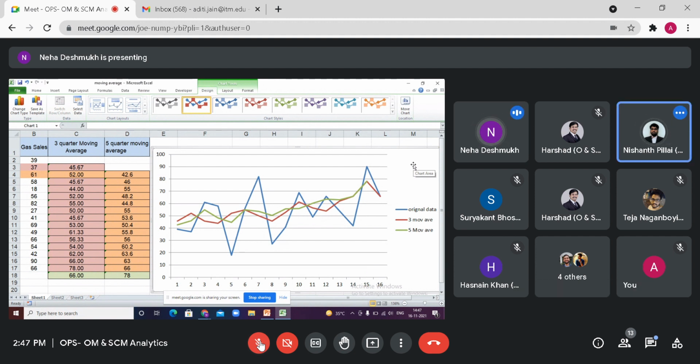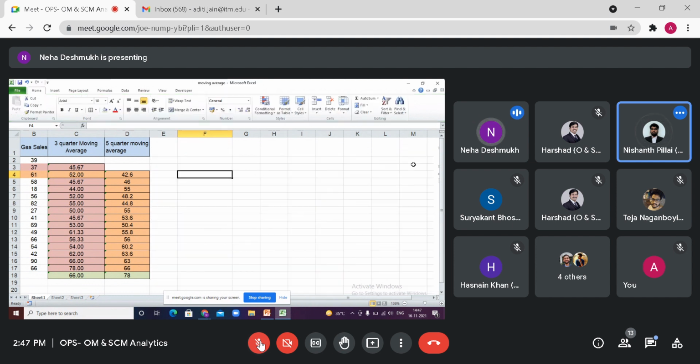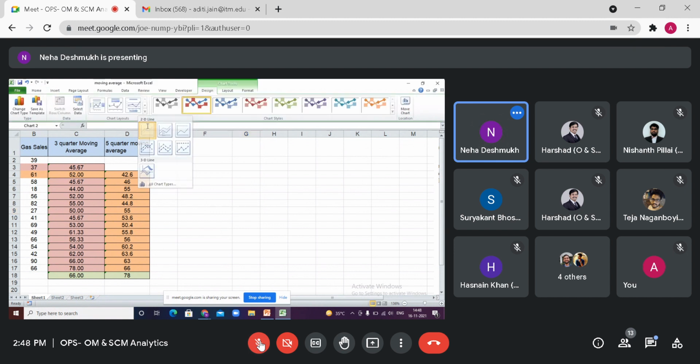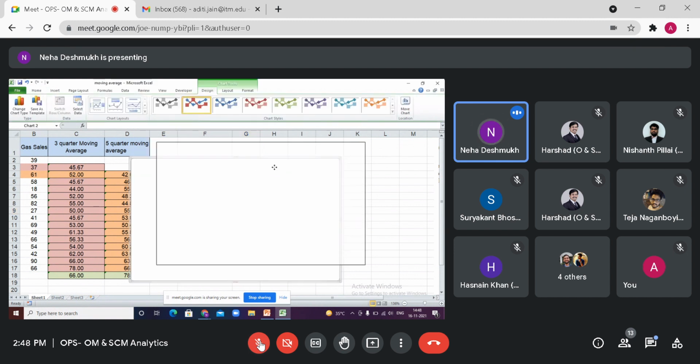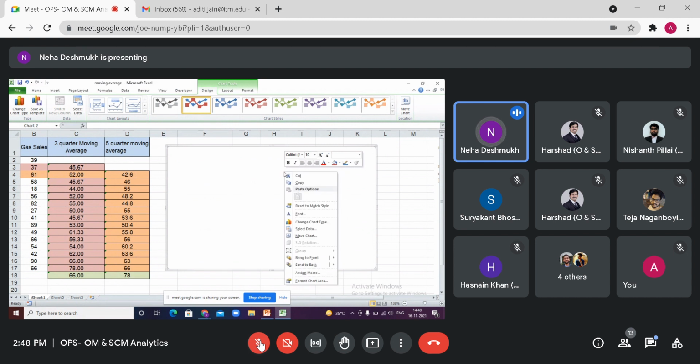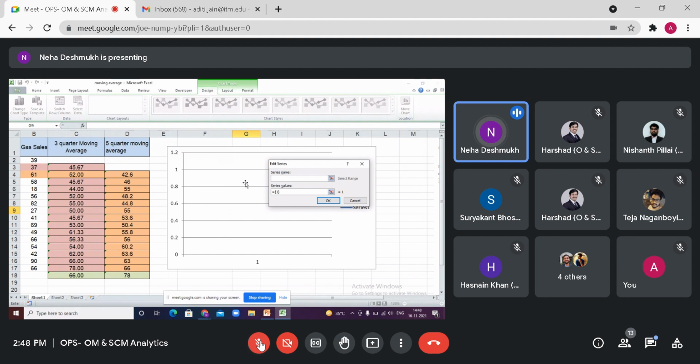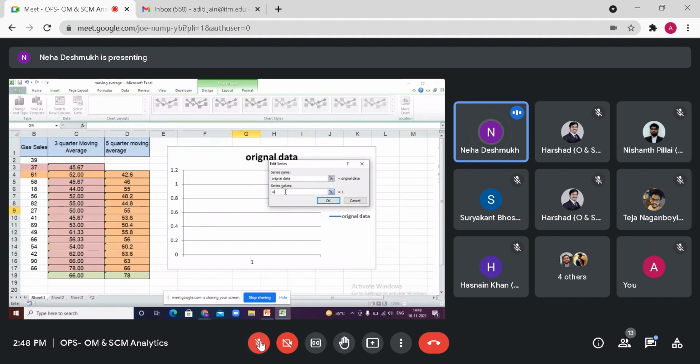Is this clear? Okay, let's start from Insert line chart. Right click, select data. Do it now. In this Select Data window, add the first original data. Click on Add. Series name: original data.